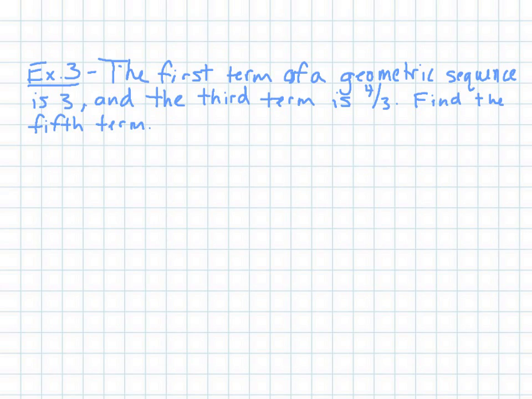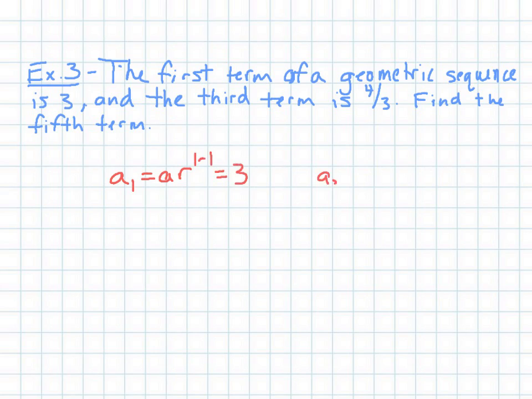So example 3 says the first term of the geometric sequence is 3, and the third term is 4/3. We want to find the fifth term. So here we're going to set up a system of equations. We don't know r or a, but we do know n for each of them, and we do know what that term represents. So for this one we have a times r to the 1 minus 1, that's supposed to equal 3.